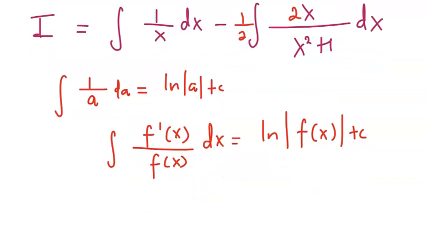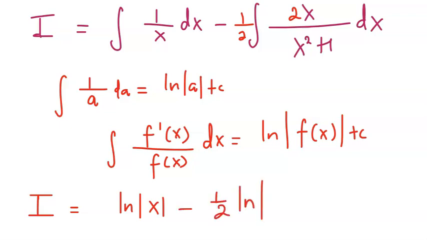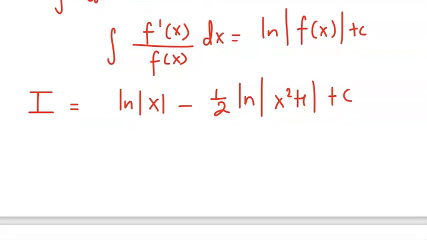Okay, so now let us proceed. Using these properties, I will be equal to the natural log of x minus 1 over 2 times the natural log of the denominator x squared plus 1, plus c. But we need to simplify further, right? Put 2 here and divide this by 2.